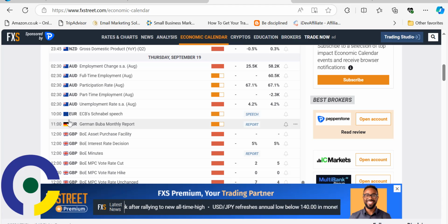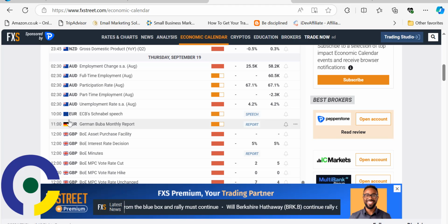Though a number of them are medium impact, the two major high impact events are going to drive the market seriously. So if you want to trade the numbers, the numbers are on the screen. If the employment change is higher than the forecast, of course, you would want to buy the AUDUSD and co. But if lower, you want to sell the pair.